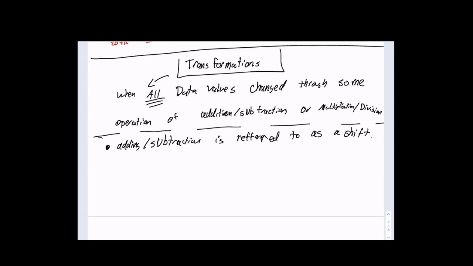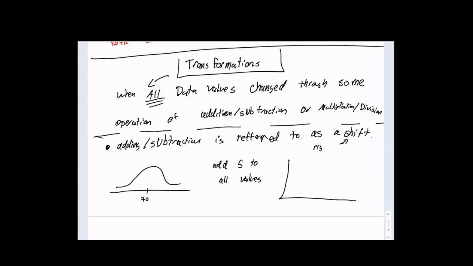If this was like a 70 and my data looks like this in terms of its distribution, and I were to add 5 to all values, then this is a shift, a rigid transformation. What do I mean by that? A shift is a rigid transformation.